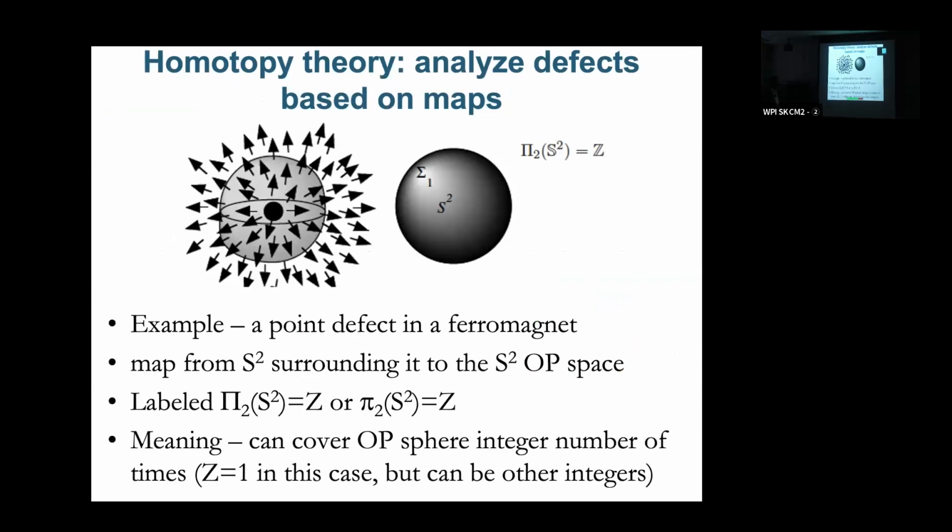And so then, as we already discussed, we need to analyze defects based on maps from physical configurational space to the order parameter space. Oftentimes, as we discussed, these are maps from one type of sphere to another. In this case, from one S2 sphere to another S2 sphere, and therefore they can be denoted as pi2 of S2, the second homotopy group of the S2 sphere. In this case, it is equal to Z, which means integers, right?